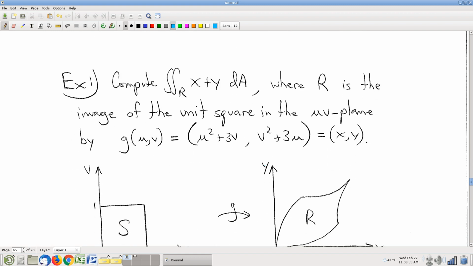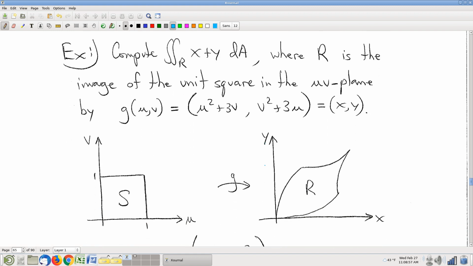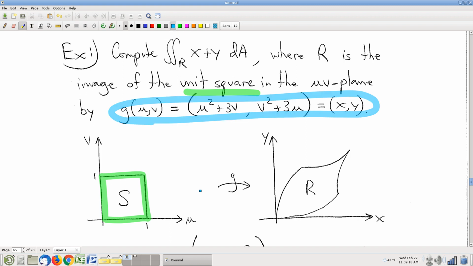We have a minute. We won't finish this example, but change of variables is actually a somewhat plug and chug process, at least in some cases. So here, we're going to start with a unit square, and to that unit square, we're going to apply this change of variables function, g.